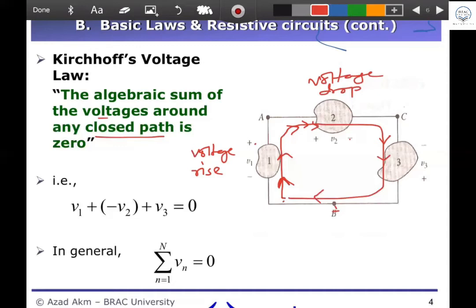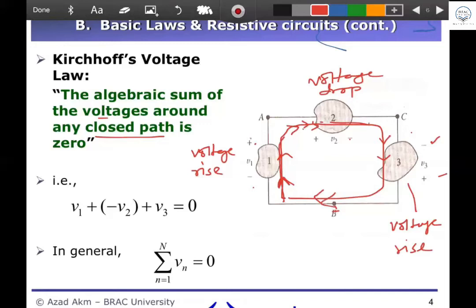Voltage rise. You understand or sleeping? Yes, sir, understood. Okay, it's morning time. It is voltage rise because the minus sign comes first, then plus. So if you go like this, start from here and come back to this point, it is voltage rise, voltage drop, voltage rise.